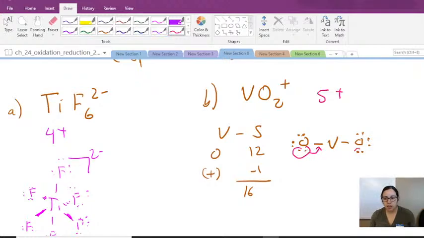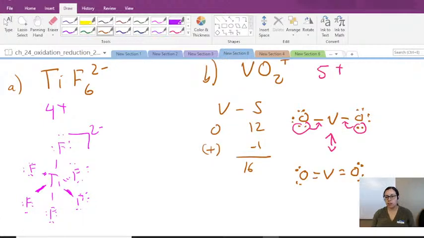My other tip to you is you don't have to start correct, but let's redraw that structure now. In the end, you should have gotten something that looked like this with double bonds on oxygen. I thought this was a cool structure just because it's nice and linear there. And then we should put our plus charge on there.